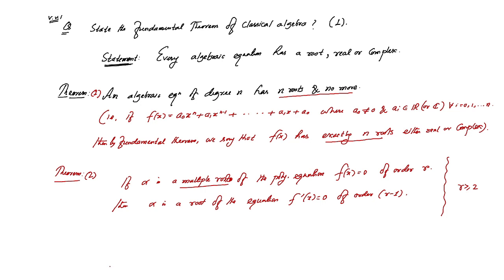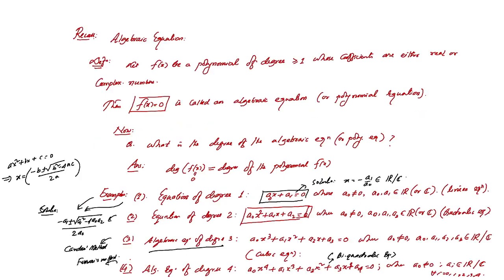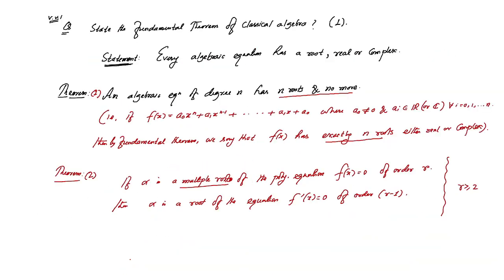Okay, so now we will do some important problems related to all the theorems as well as the fundamental theorem of classical algebra. So here is one important problem. Question 1, this question is very, very important.